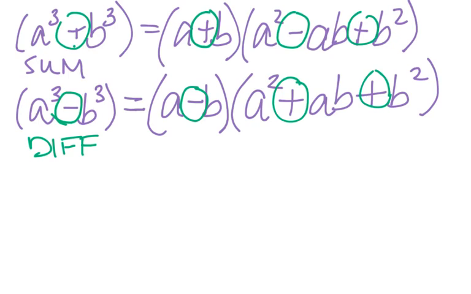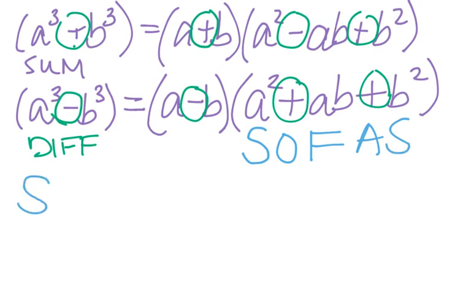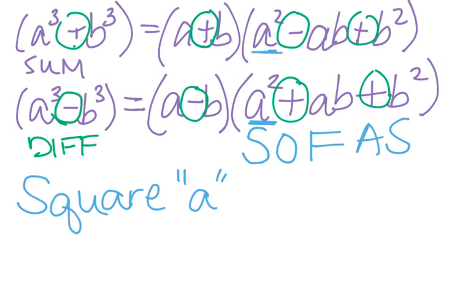So an easy way to remember what the pattern should be is an acronym that we call SOFAs, and it lines up like this. S represents square A, so you're squaring the A value, which you can see here and here.